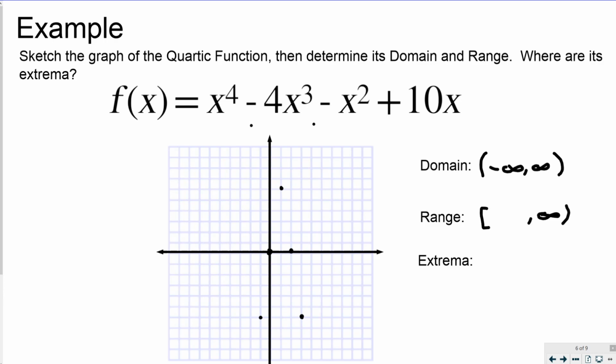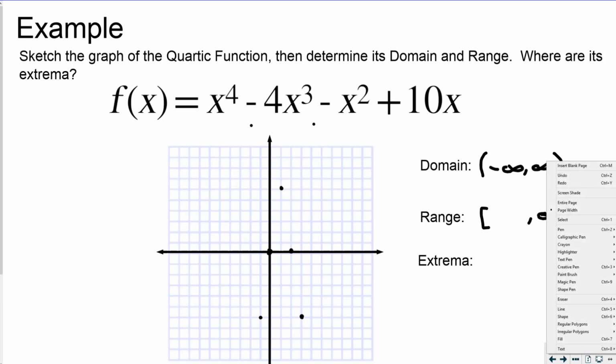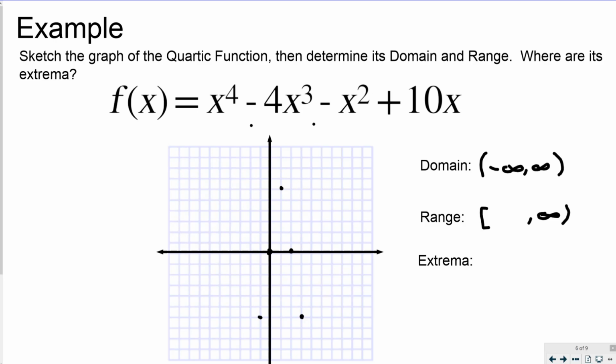So if I'm going to sketch the general shape, and this is going to be really difficult for me with the computer, but I'm going to do my best. The graph is going to go up like this. It reaches this lowest point and then turns around and goes up like this through 0, 0.